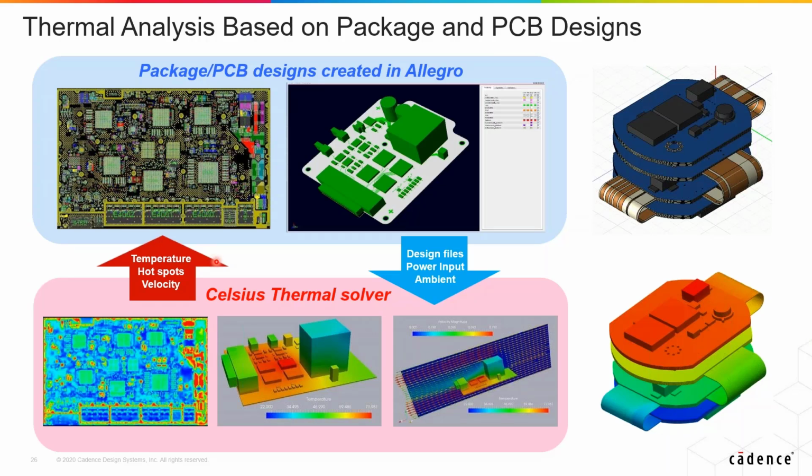If the details of the PCB are so large in size, we could take advantage of the layer structure approach. Then we can resolve hotspots. On the right-hand side here is one example of a rigid flex PCB we directly import into Celsius from Allegro. I'll talk more about this example later.